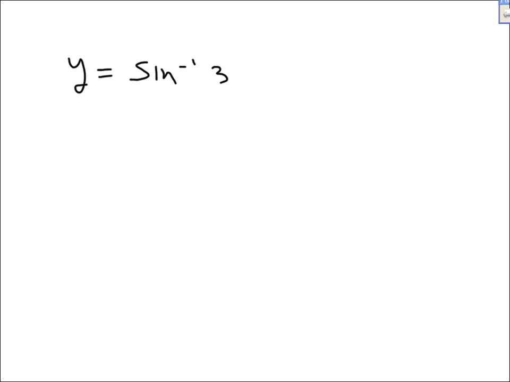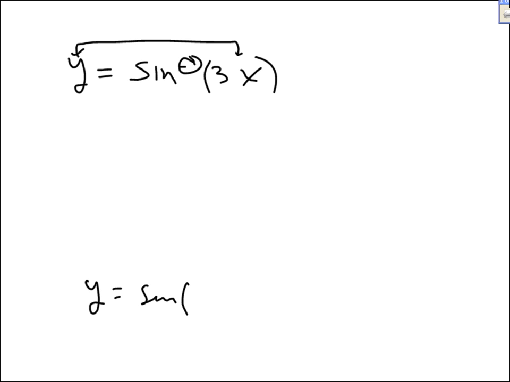If you want to find the derivative of y equals sine inverse of 3x, well, whenever you interchange those two arguments, either you introduce an inverse or you take away an inverse. In other words, if you had y equals sine 3x, if you wanted to interchange these two arguments, that's okay, but you better put an inverse there.